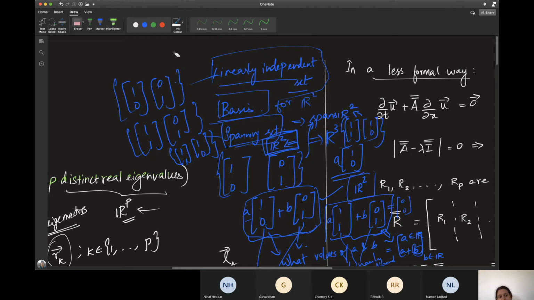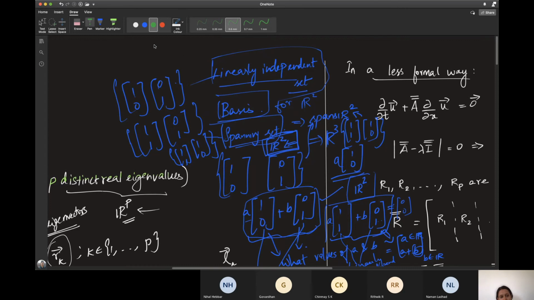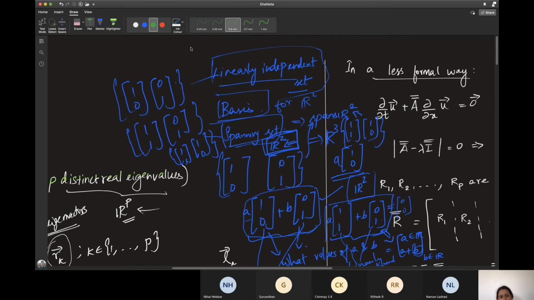So the minimum possible number of linearly independent vectors that you can have for R2 is 2. That is known as the dimension for R2, I mean the dimension of the basis. These two vectors are linearly independent, and they also span R2. So that way they form a basis for R2.